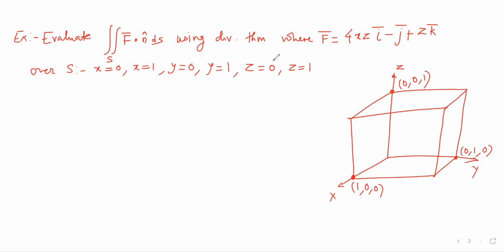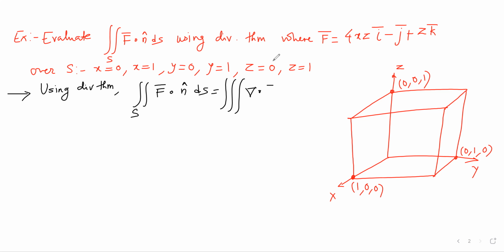Now what the divergence theorem says: using the divergence theorem, the double integral of f bar dot n cap dS over the surface S is nothing but the triple integral of del dot f bar dV, correct, over the volume V. So what is f bar?